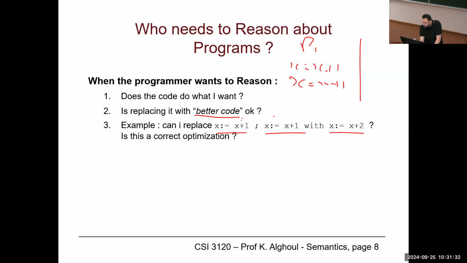Let's say I have here x equal 1. So here I have 1 plus 1. Then I'll have here 2 plus 1, which is going to at the end equal 3. So why can't I just say x equal x plus 2 right away? If x equal 1, then it's going to end up with 3 also. So you're thinking like this.